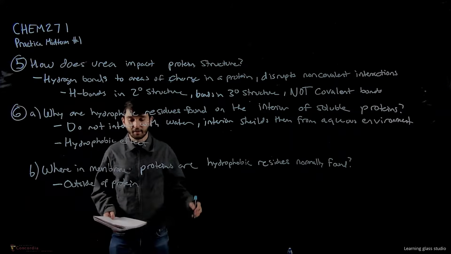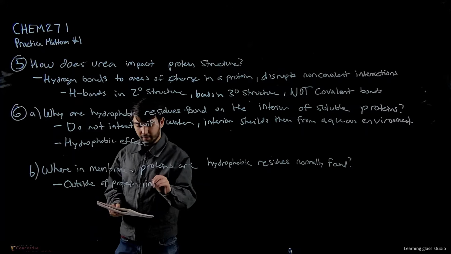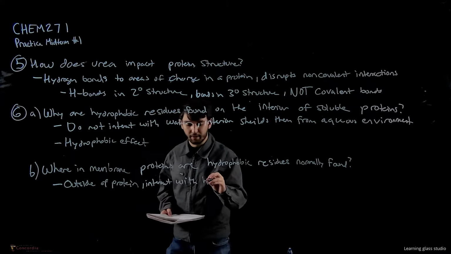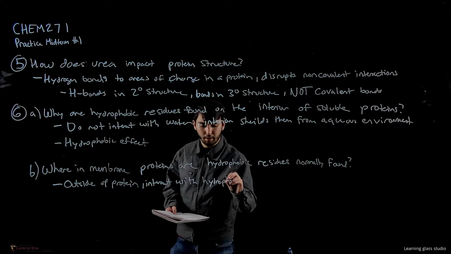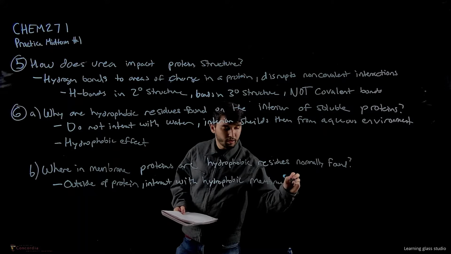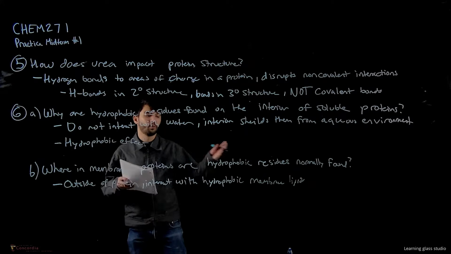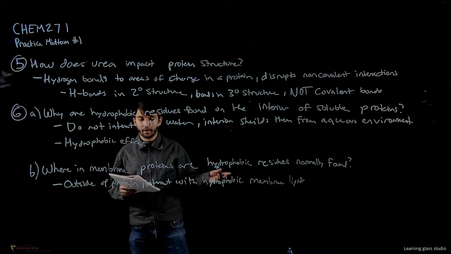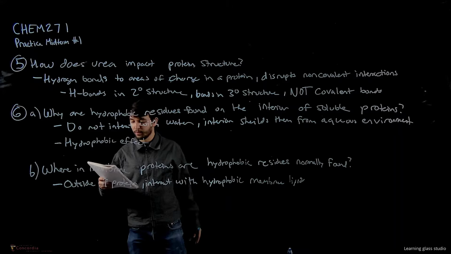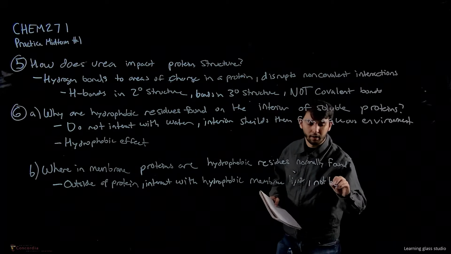This is because on the outside of a membrane protein, they can interact with hydrophobic membrane lipids. So again, these hydrophobic nonpolar residues want to be with another hydrophobic thing, such as a membrane lipid, thus they will be on the outside and they will not be exposed to water.